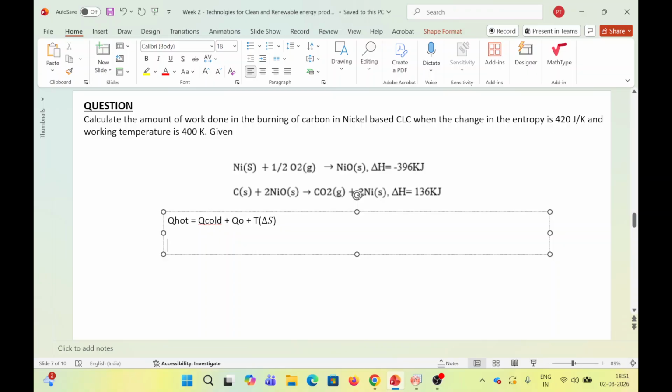If this is fine, will you be able to calculate? Sorry, this is work.